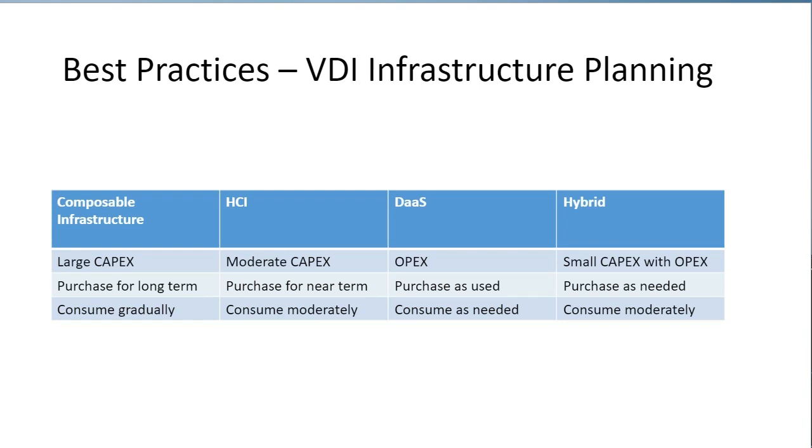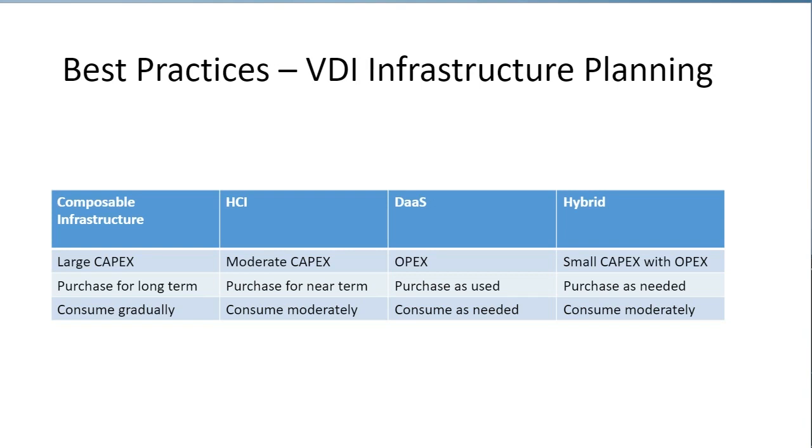Or if you are seeing a huge expansion in growth, you can go ahead and provision those desktops in the cloud and then bring those people back on-premise if that model works for you. And you can purchase the resources as needed, and you can consume them moderately. So that hybrid model really is starting to be attractive for a lot of companies, a lot of people.